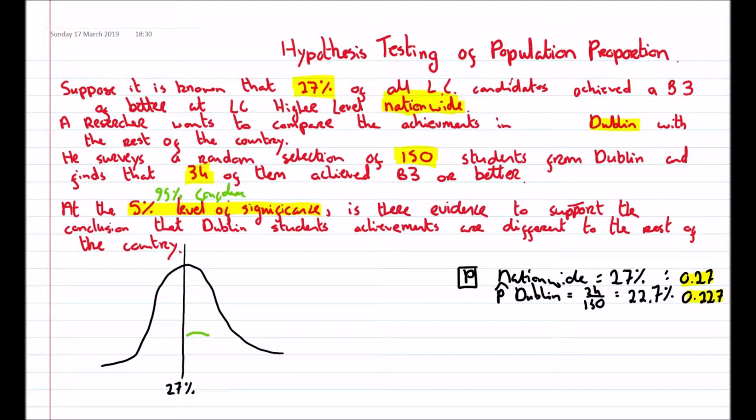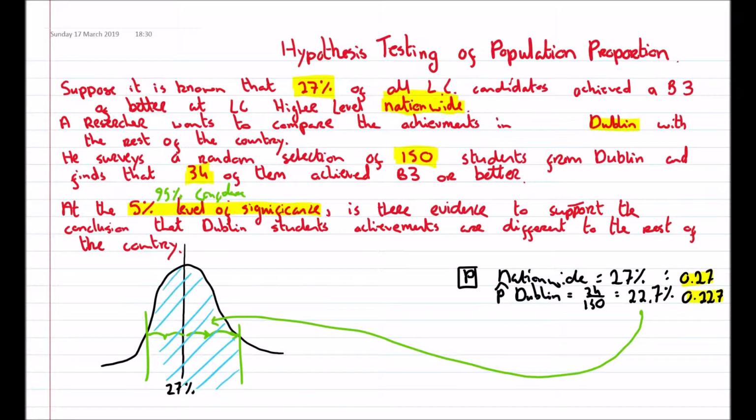Right. So this is the hard thing to get our head around. Remember, 95% of the data lie within two standard deviations either side of the mean. So there's 1 and there's 2. So that means if this Dublin result was within 2 standard deviations either side of the mean, so anywhere in here, then I could say with 95% confidence that, yeah, the Dublin kids are getting around the same results as the kids in the rest of the school.